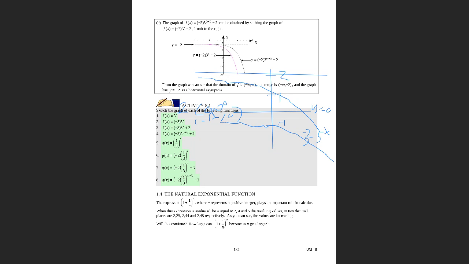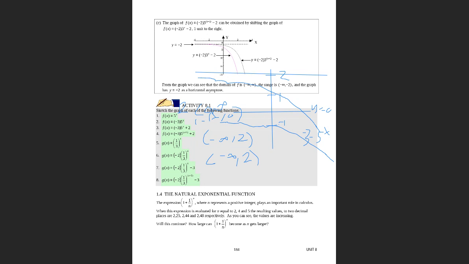Then here too it is a negative number 3. So it's going to go from negative infinity up to the asymptote, which we know is 2, not inclusive. The last one here, the same thing. The range is going to go from negative infinity up to 2, which is the asymptote.